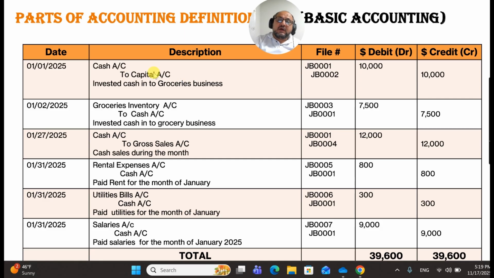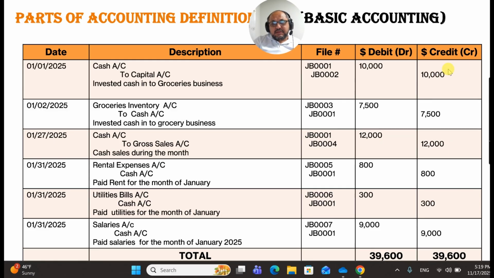Capital is also a type of, basically, it's also called owner's equity, at the end of a specific period of time for the business. When he calculates his amount, he has to withdraw this amount from the business. That's why it's credit. We have to pay back.